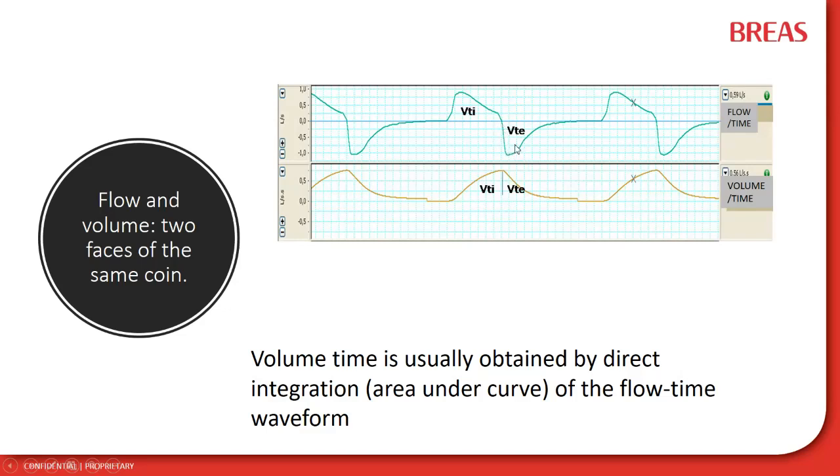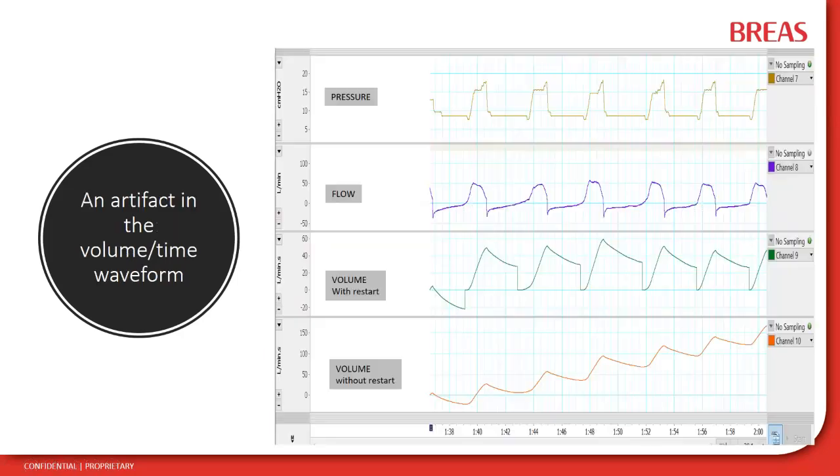The negative part corresponds to the tidal expiratory volume, in which the volume time waveform returns to the baseline. So flow and volume are equivalent, but it's important to remember that a sort of artifact in the volume time waveform can appear, and you should know this artifact.